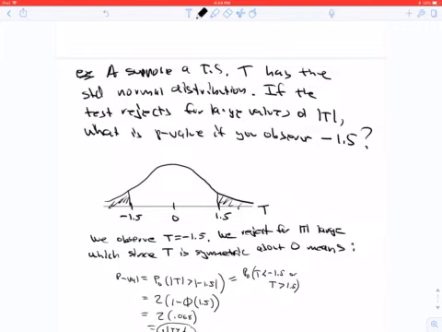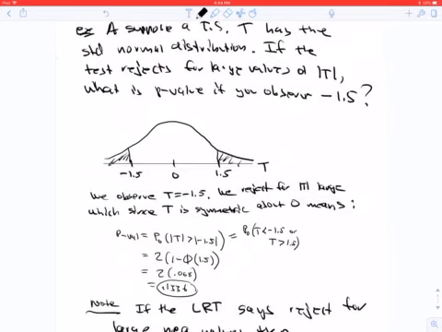Saying that we're going to reject for large values of the absolute value of t means that we're rejecting when the absolute value of t is large, and the p-value will be under the null distribution. So it's the probability that the absolute value of t is greater than the absolute value of minus 1.5. I'm taking the absolute value because t is, in this case, minus 1.5. That's our observed value.